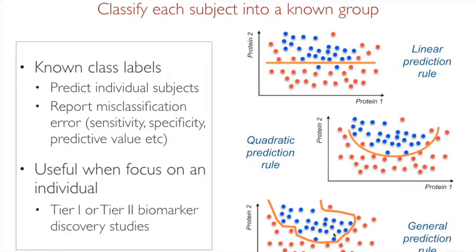And so the type of output that you will look at here would be not p-value, but misclassification rate. And you would usually use a separate validation set of subjects which have never been used to develop these decision rules, to see how well this decision rule works on the next subjects.